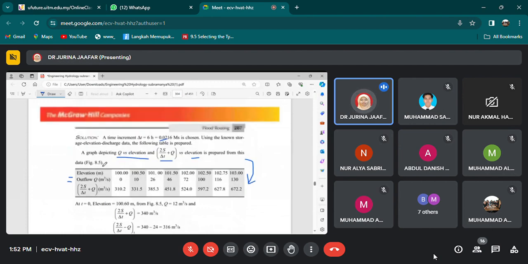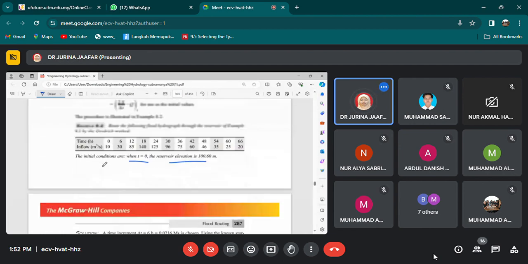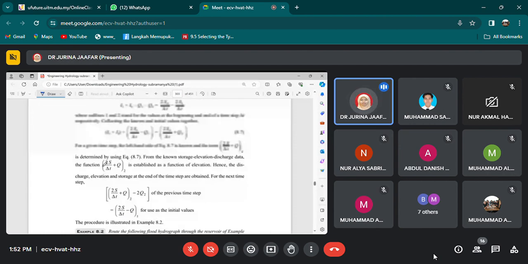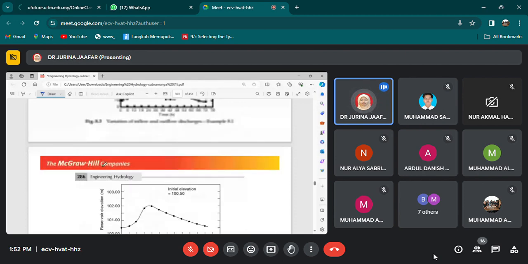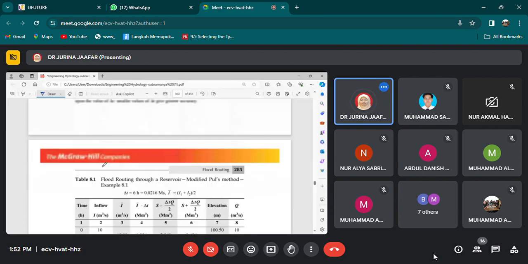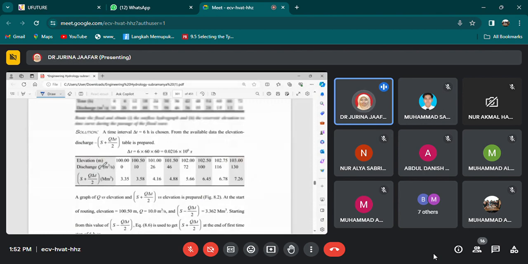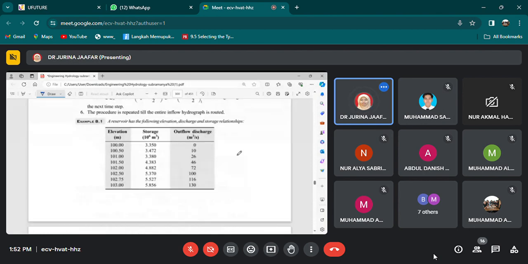So dia adalah kesinambungan daripada example 8.1. Ni kat sini. Dia ambil data example 8.1. Dia ambil profile of the hydro reservoir. Okay, this is the profile of the reservoir yang ada storage ni. Okay, mula-mula dia nak buat graph dulu.